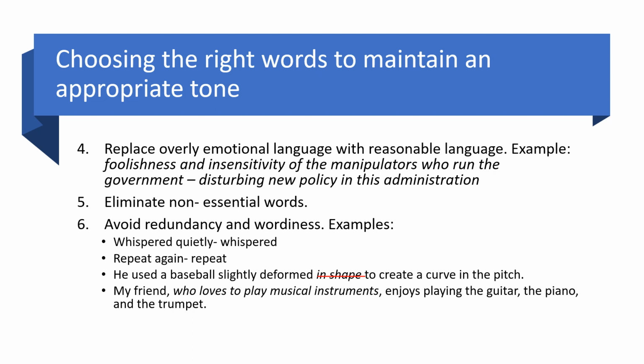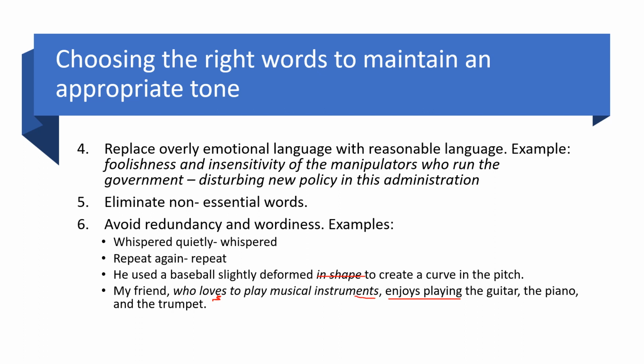Next we have the last example. "My friend who loves to play musical instruments enjoys playing the guitar, the piano, and the trumpet." This phrase, "enjoys playing," and the rest of the sentence already convey a love of playing musical instruments.